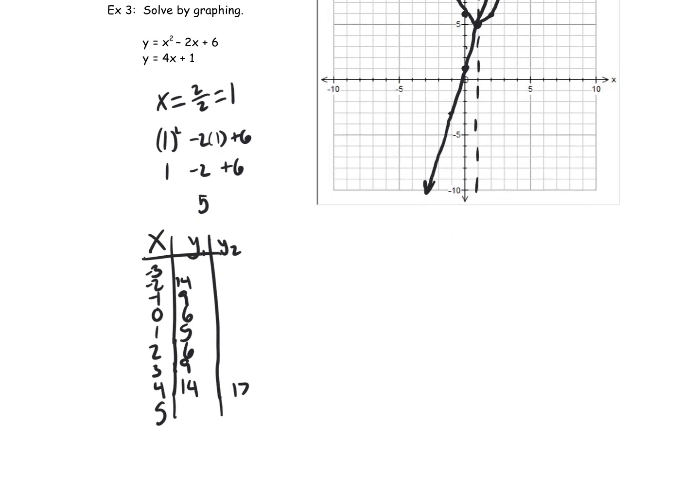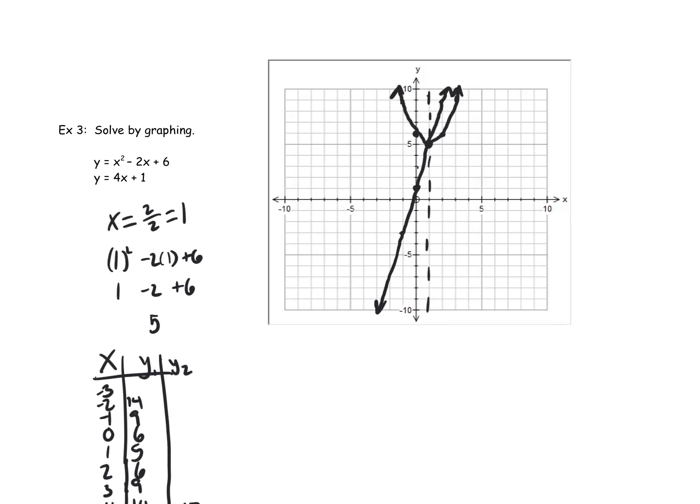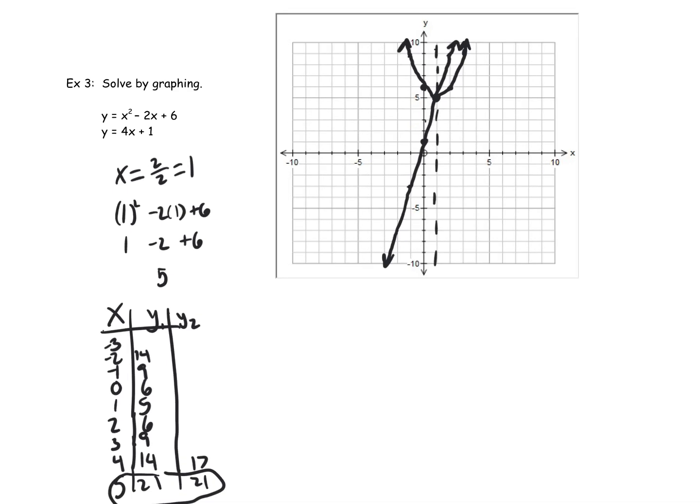The y value for the first function, 5 squared is 25, negative 2 times 5 is negative 10, so that's 15 plus 6 is 21, and 4 times 5 is 20, plus 1 is 21. So at an x value of 5, these would also cross at the y value of 21. So they would intersect again.